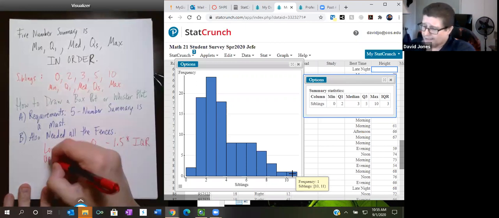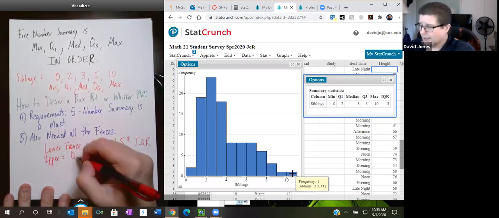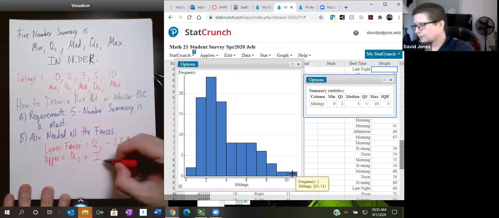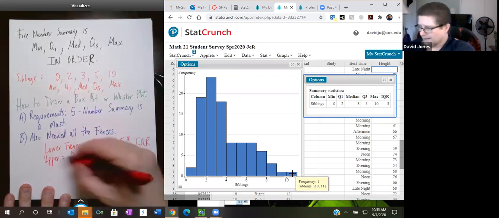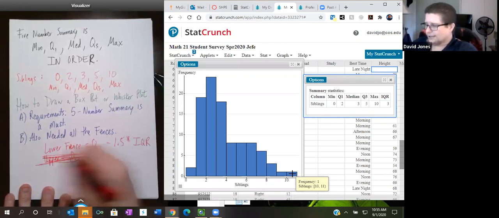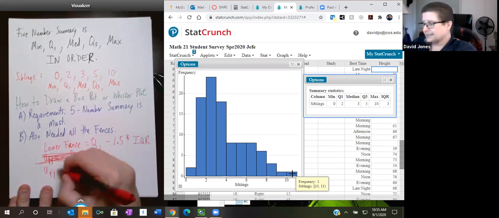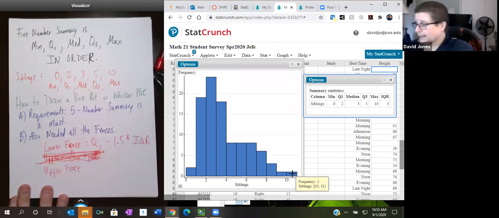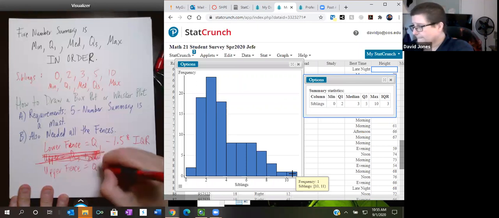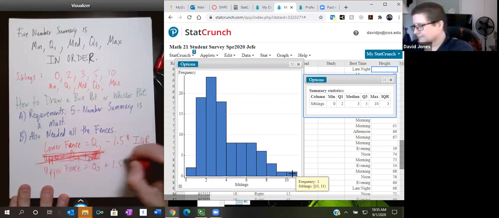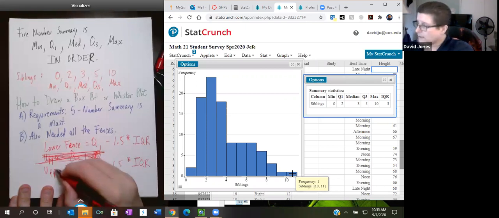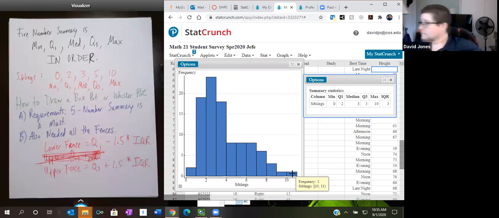And the upper fence is Q3 plus 1.5 times the IQR. Okay.